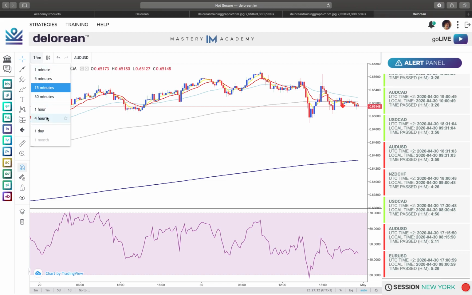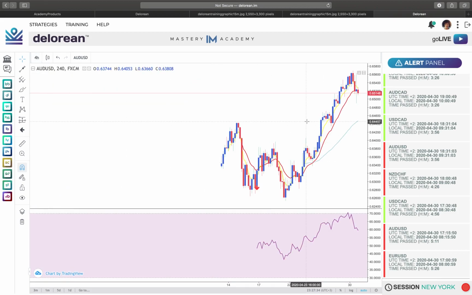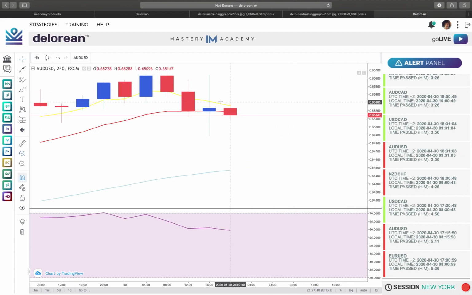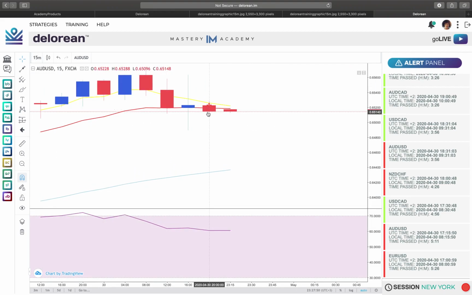So if I go to the 4-hour chart, I want you all to notice what's going on. We are getting close to the yellow crossing below the red on the 4-hour, which would mean we are getting close for the aqua.